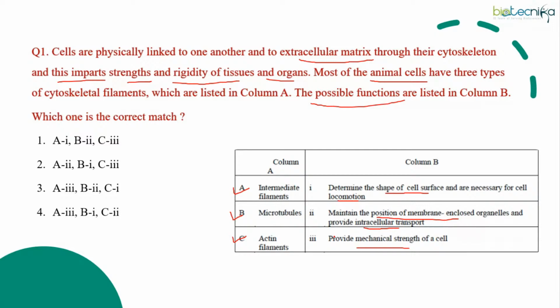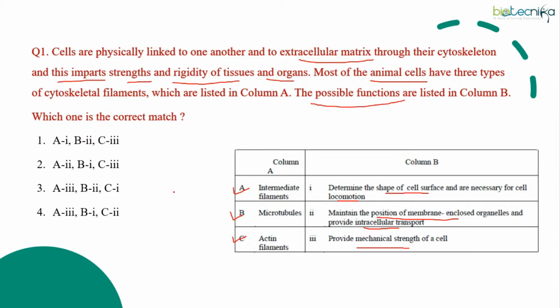Give me the answer for this question. This is a very simple question. I don't think it is that tough. Basic, the three proteins that comprise the cytoskeletal filament. Okay, so let's take up the answer now.